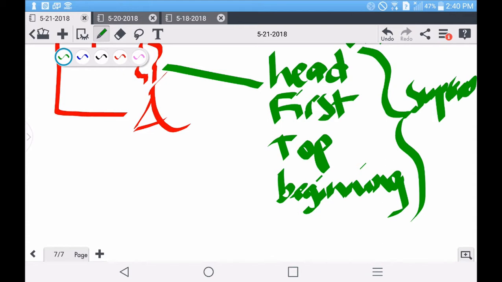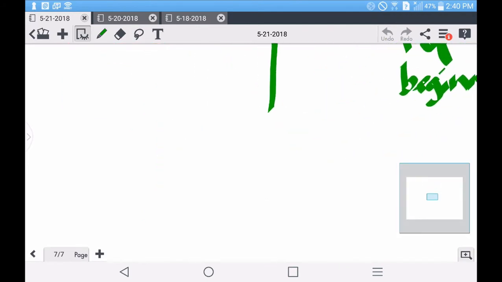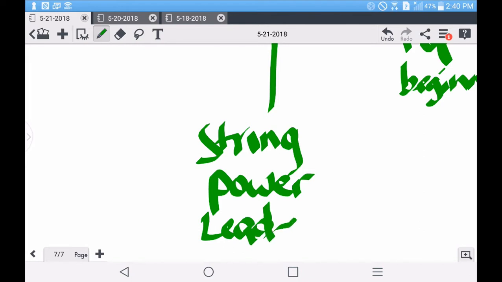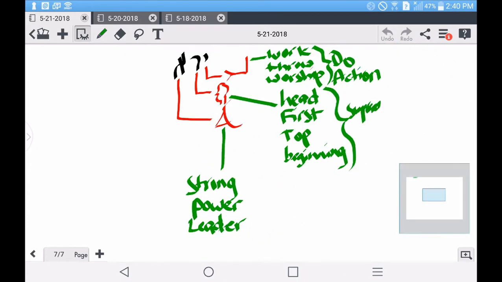And then the Aleph is related to words such as strong, power, and leader. And the reason for this is that in the ancient days, the ox was a mule that carried heavy things around, a mule that was used for really everyday life, including farming and plowing and things of that nature.